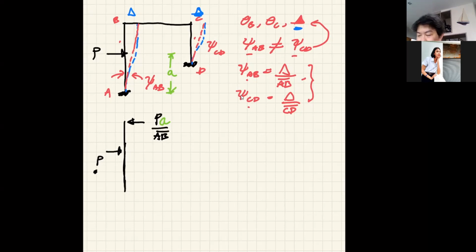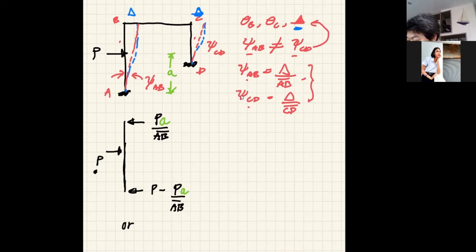But I know some of you hate variables, so you don't really adjust to this very well. The remaining force can be written as P minus P A over length AB, right? That's length AB. Or can I say this is AB minus A?